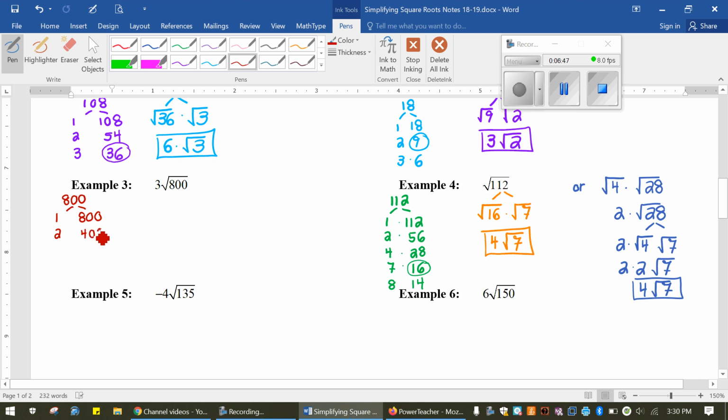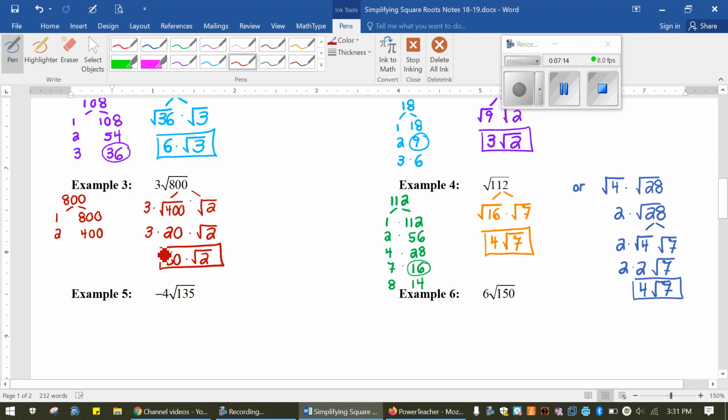Take a look at your chart that you completed above. You should see that 400 is a perfect square. So 800 would be 400 times 2, and then don't forget that 3 is in front. So the square root of 400 is 20. Then you've got 3 times that 20, which would be 60, square root of 2.